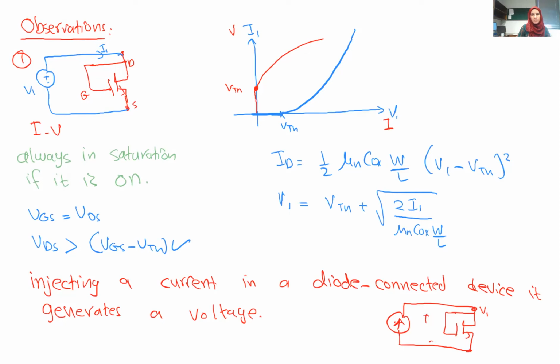So why are we talking about this diode connected transistor? It means we can use it in order to generate this magical VGS for our circuit.